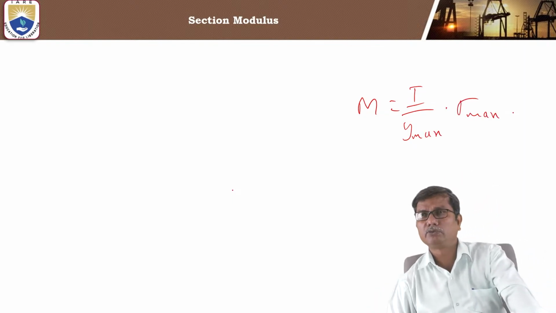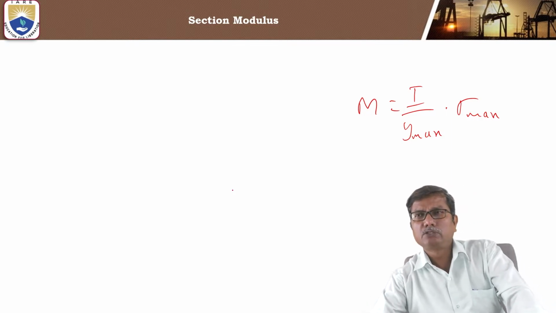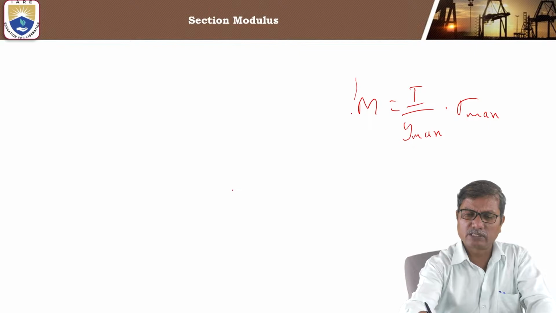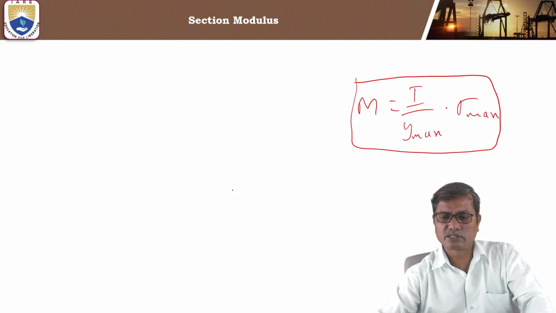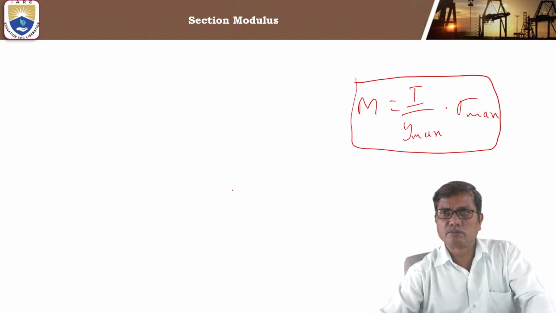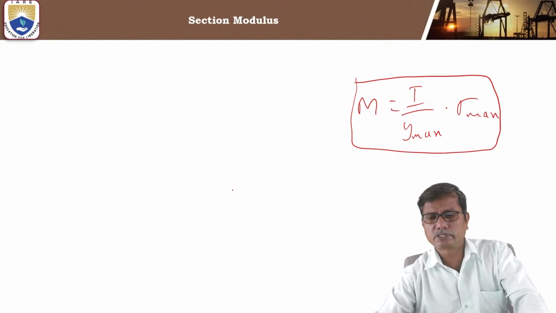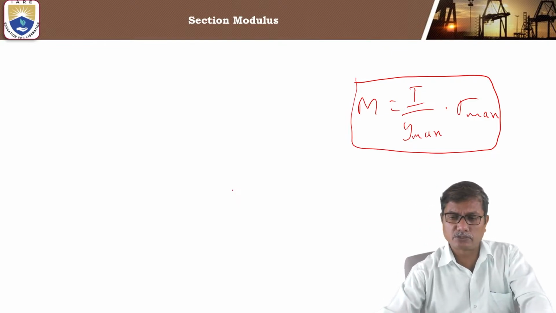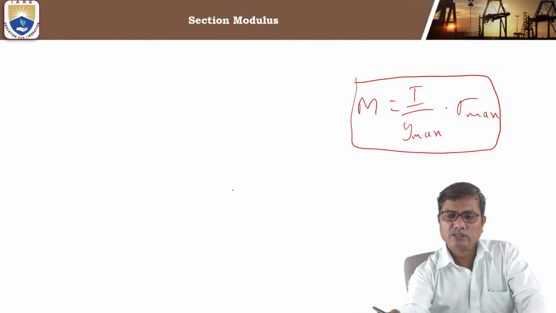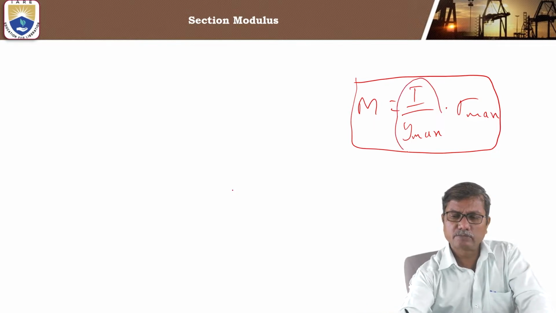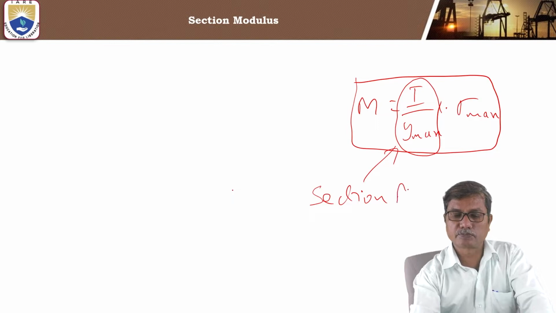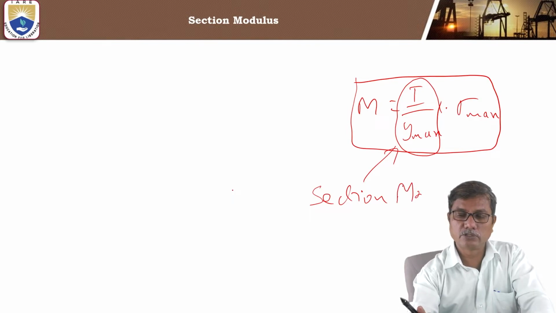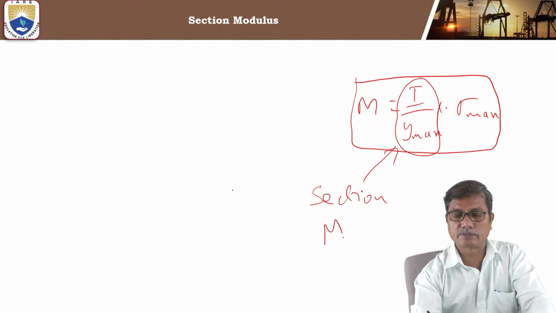This gives the moment of resistance of the given cross section, the resisting moment which opposes the moment due to external loads. Here this term I by y maximum is said to be the section modulus for the given cross section.